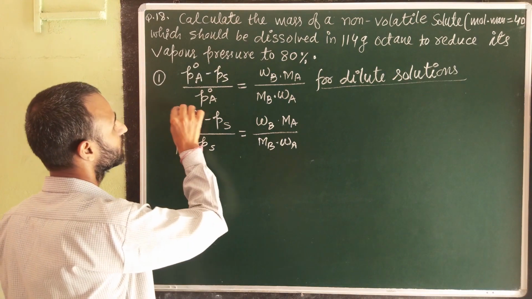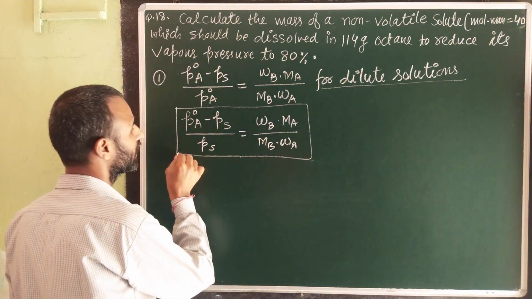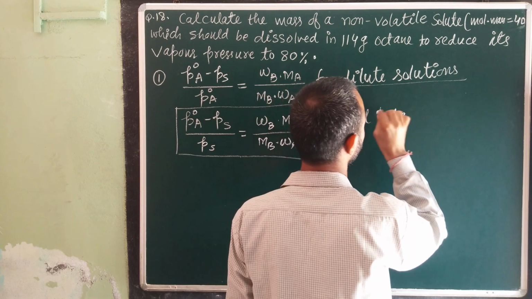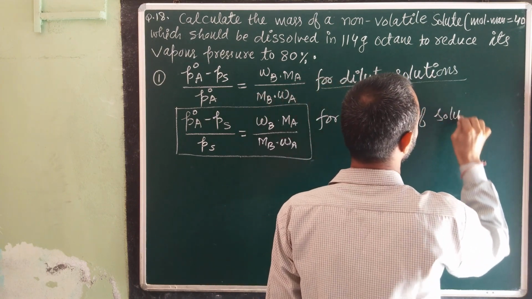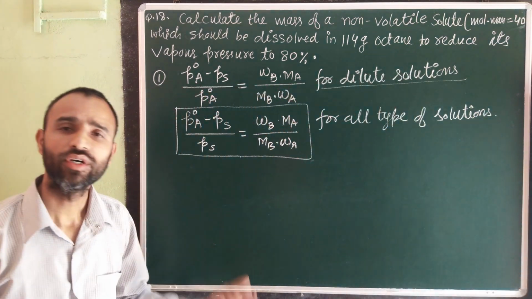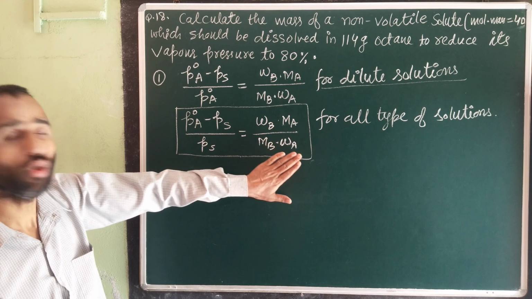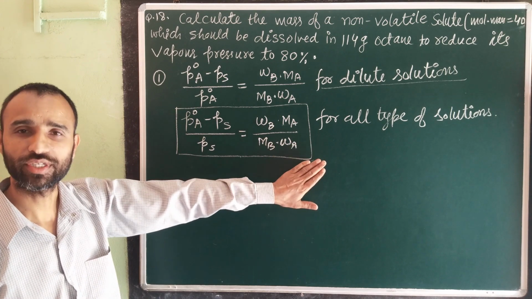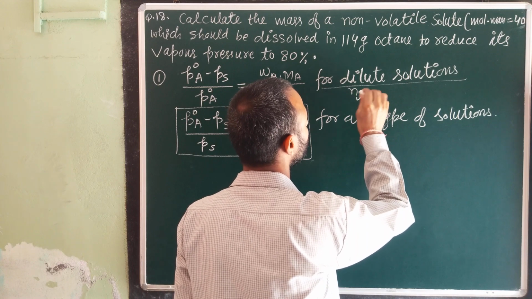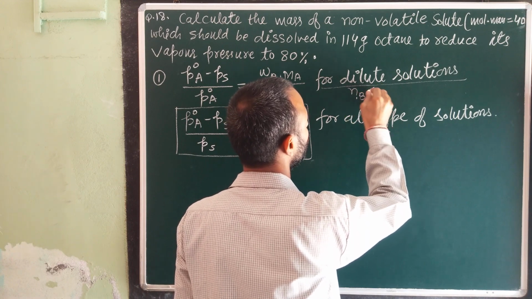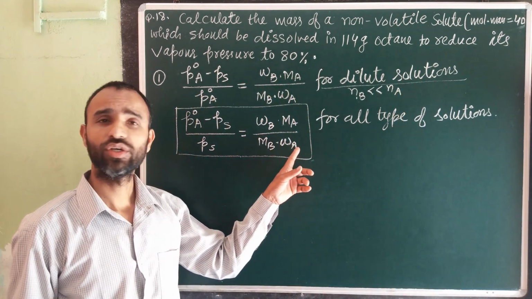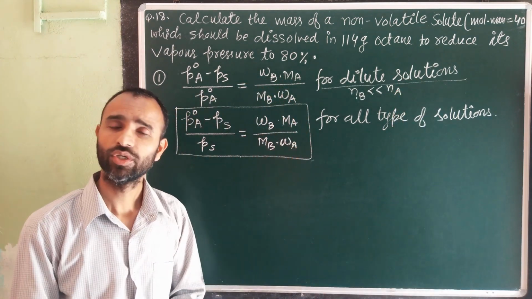This formula is applicable for all types of solutions, dilute or concentrated, because there is no approximation, but in the earlier case we applied the approximation that NB is very less than NA. Here A is solvent, B is solute.